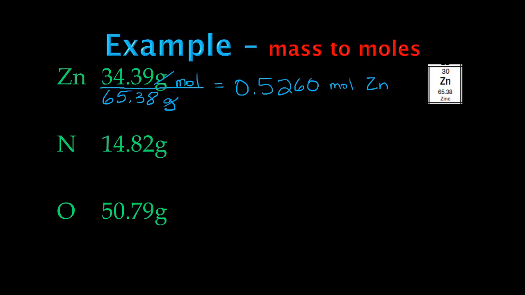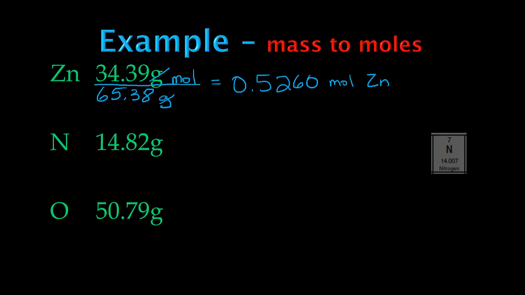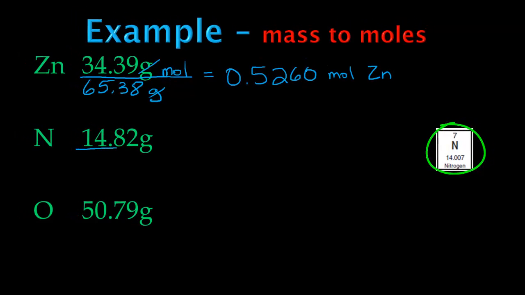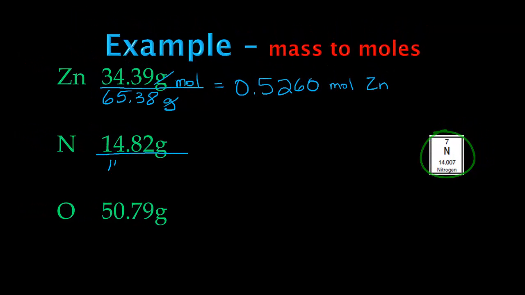All right, for nitrogen. Nitrogen is 14.01, so I'm going to divide this by 14.01 grams per mole. And that equals 1.0578 moles of nitrogen.